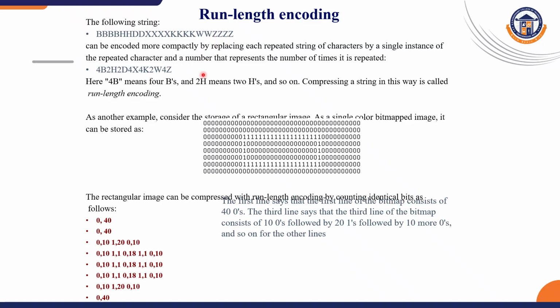Representing the alphabets with numbers is known as run length encoding. Once transmitted by means of this run length encoding, we can decode on the receiver side by extracting the information. So this is the basic concept of run length coding.